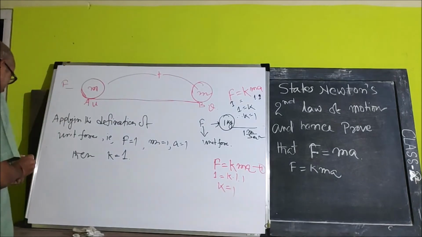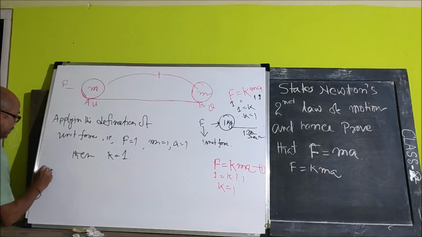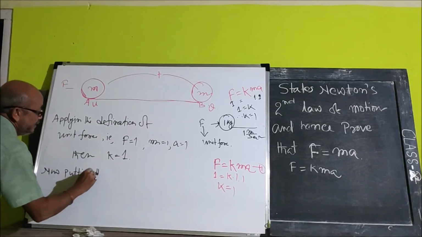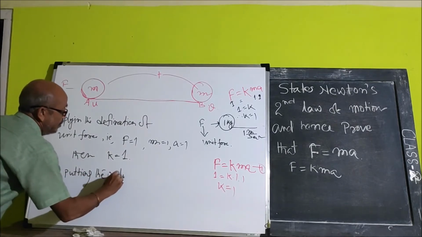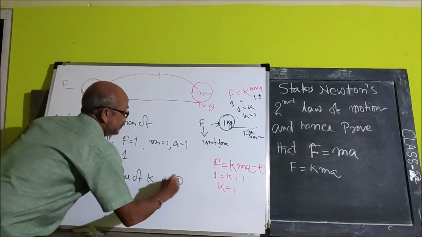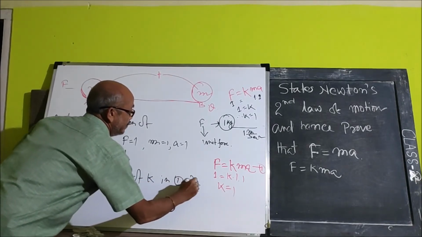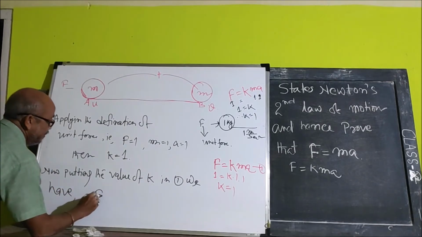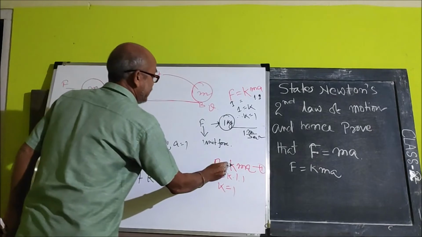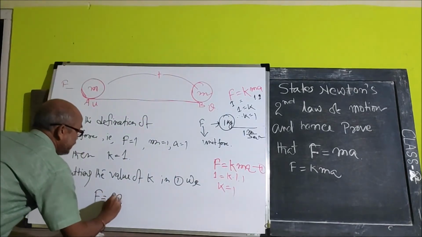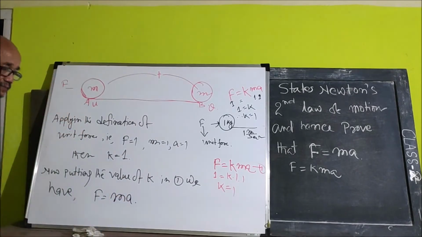Now putting the value of K in equation 1, if K equal to 1, then F equal to MA.